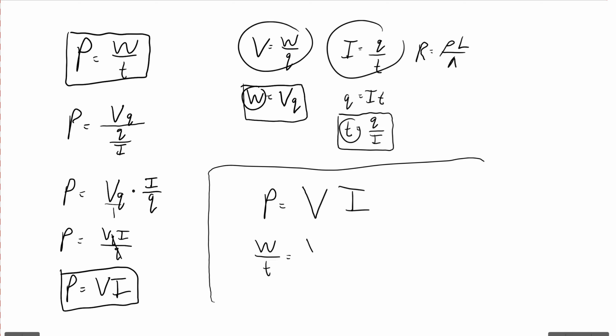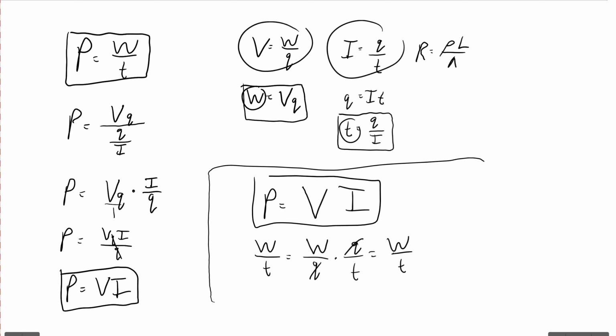Is that really equivalent? Let's see. Work over charge, that's voltage. And then the current is the charge per time. Would that give us what we want? And the answer is yes, the charges still cancel out, and you're left with work over time. So that means that this is a valid equation.